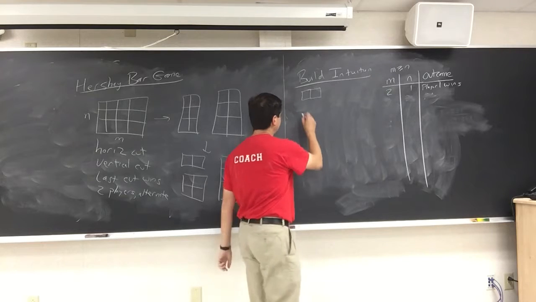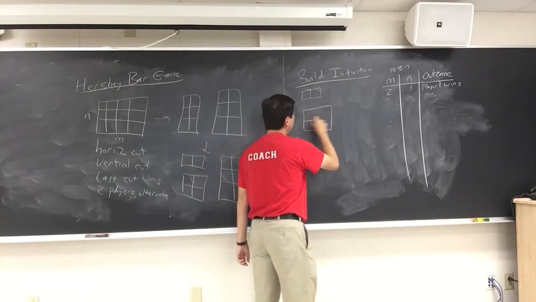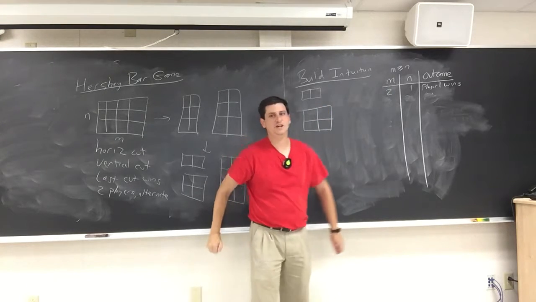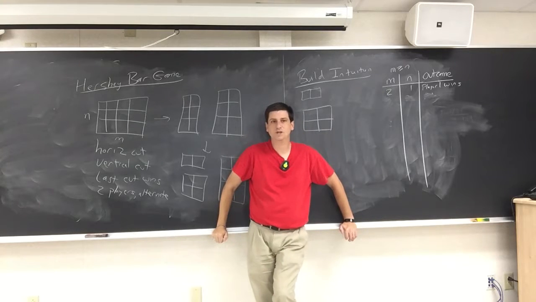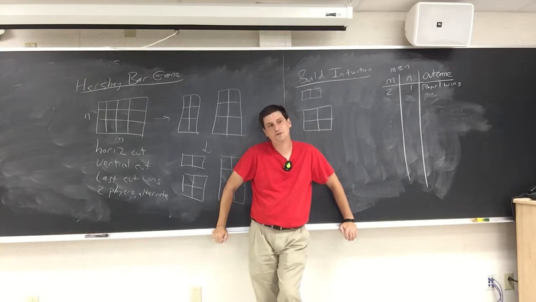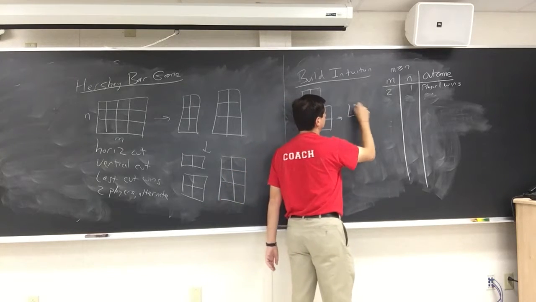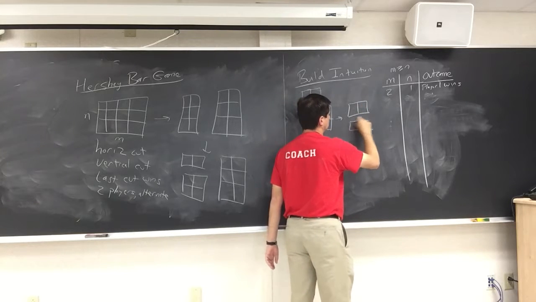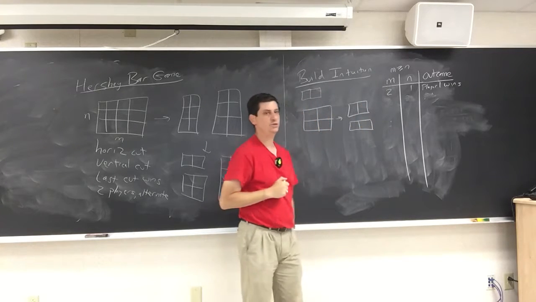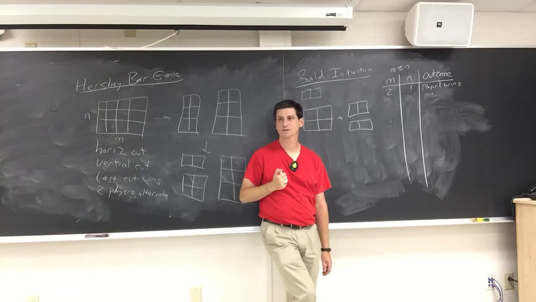Two by two. Things are actually small enough that it's fairly nice. How many moves does player one have? One. By symmetry, the vertical and the horizontal cut are the same. So player one has to cut to this. How many moves does player two have by symmetry?